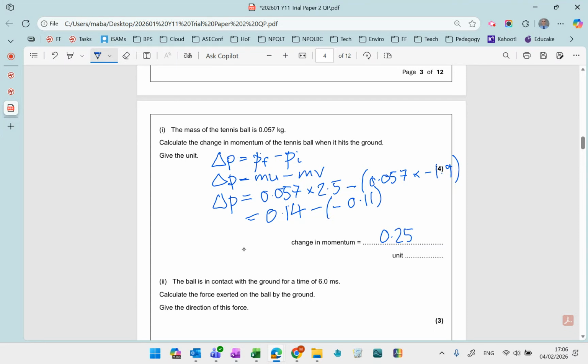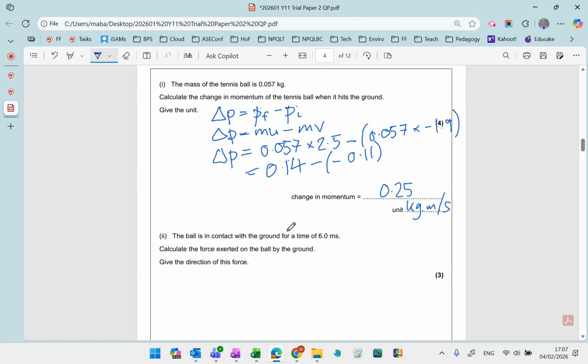It's 0.25, and the units are kilogram meters per second. If you can't remember the units, it's pretty easy to work out: you've got m times v, which means kilograms from the mass, and meters per second for the velocity. Alright, so that gets us 4 marks.